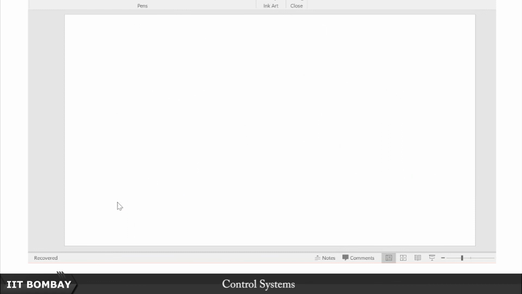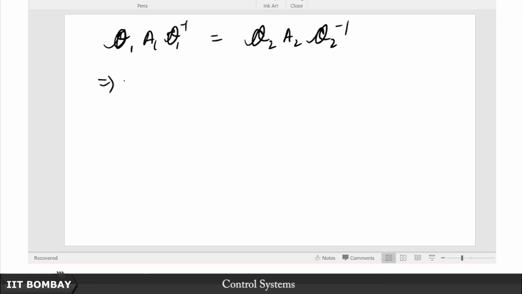I am putting it to you that we are done, because this just tells us that, let me call this O1 and drop the argument, O1 A1 O1 inverse is equal to O2 A2 O2 inverse. This is exactly what I have shown you now.